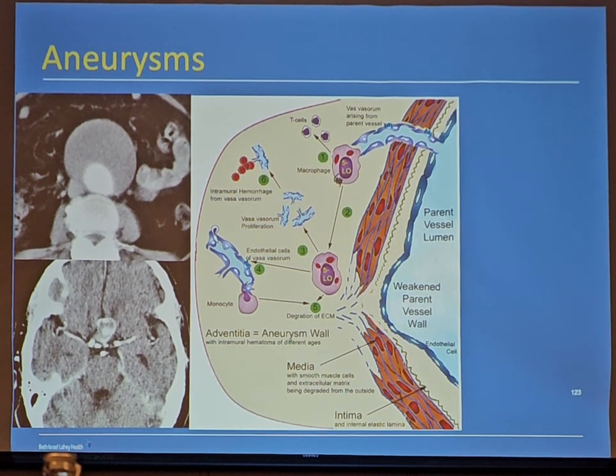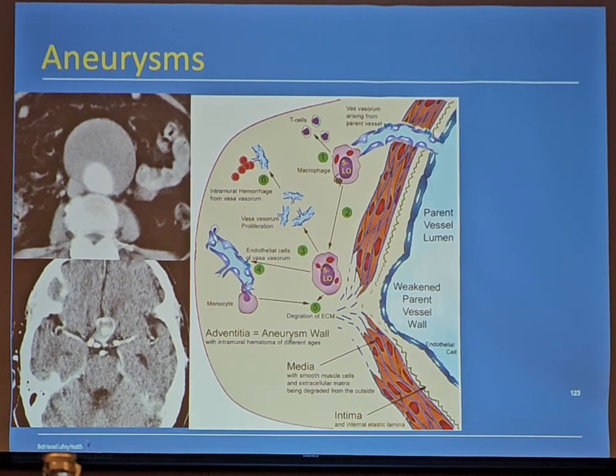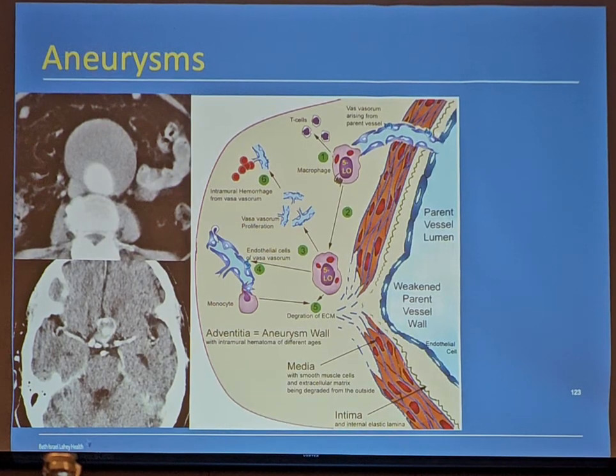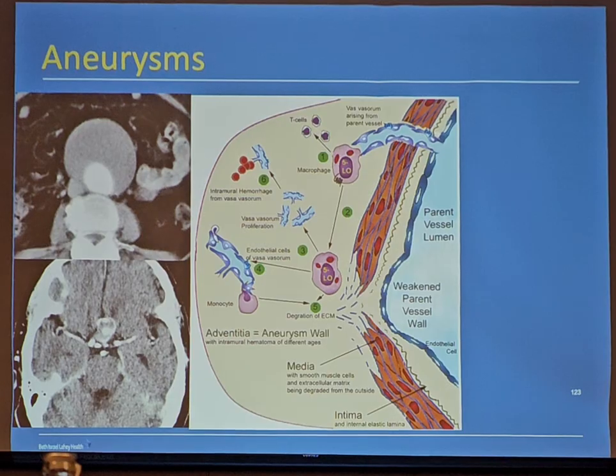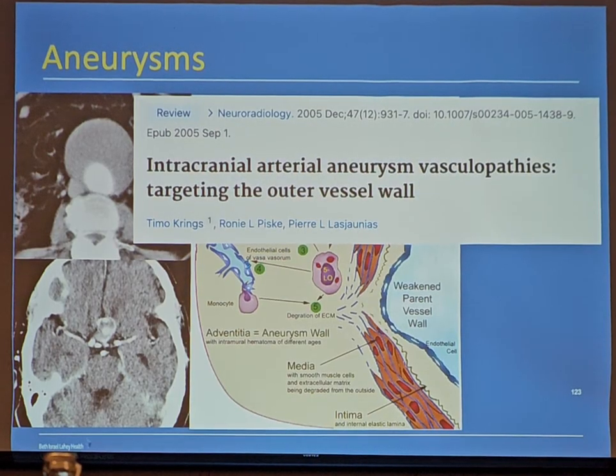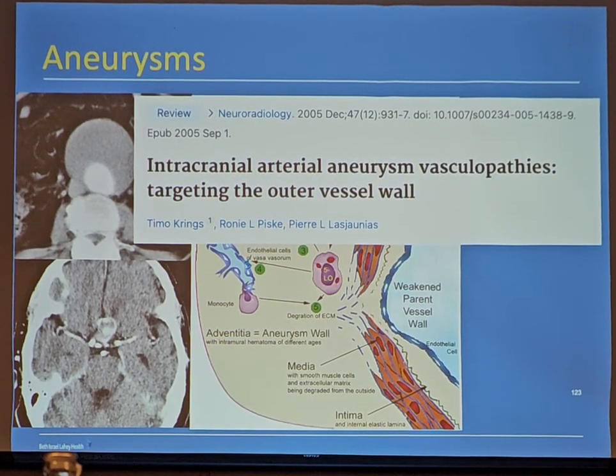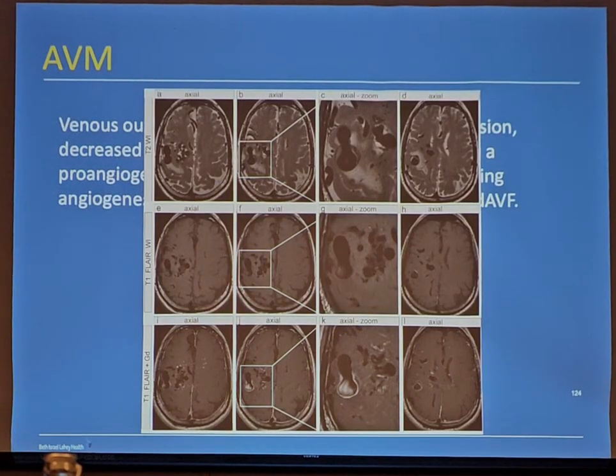And these neovessels are VEGF dependent, therefore leaky, and therefore bleed more often. And therefore the bleeding in these so-called partially thrombosed aneurysms is always beyond the lumen, which means that no matter what you put into the aneurysm, it will continue to grow. And this is these intracranial arterial aneurysmal vasculopathies where we need to target the outer vessel wall.